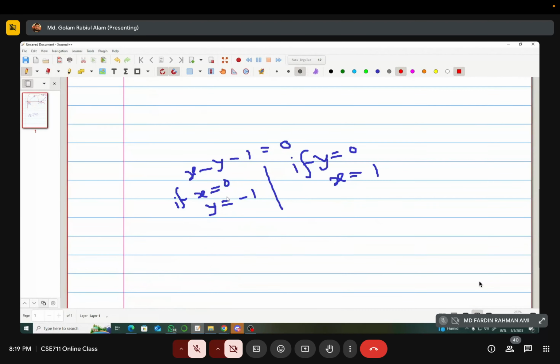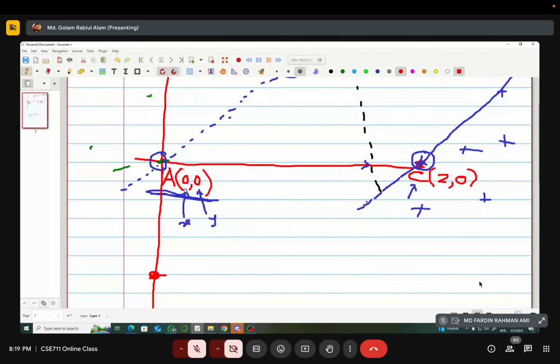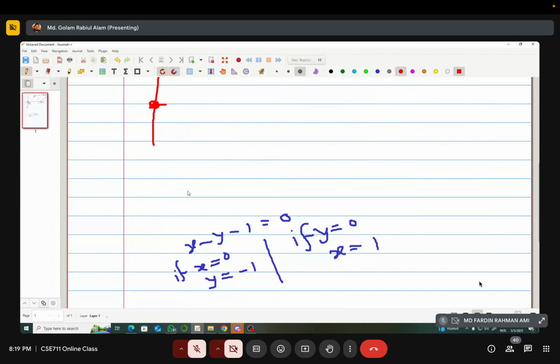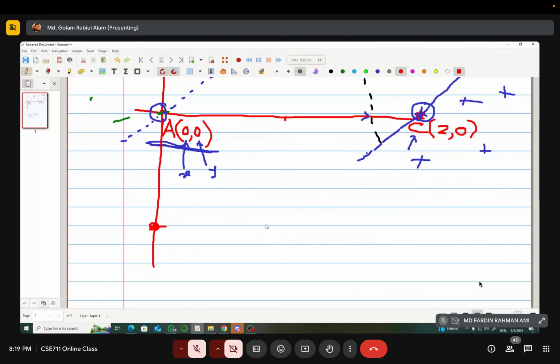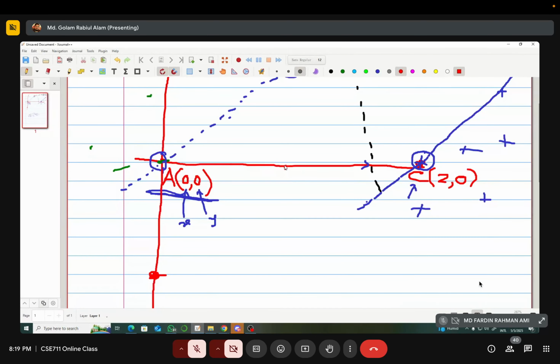And the other one is when y is 0, x equals 1. So x equal 1 is this one. So y is 0, x equals 1. That means this is the data point.